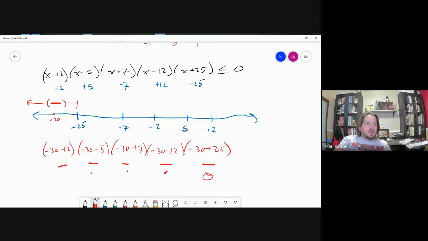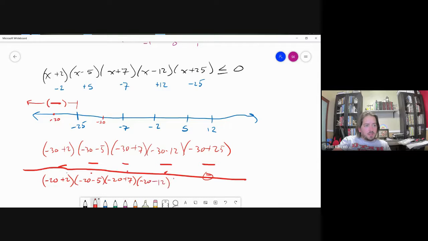If I test another number somewhere between -7 and -25, like say -20, I should be able to figure out if this is positive or negative. So I will. -20 plus 2 times -20 minus 5 times -20 plus 7 times -20 minus 12 times -20 plus 25, right?